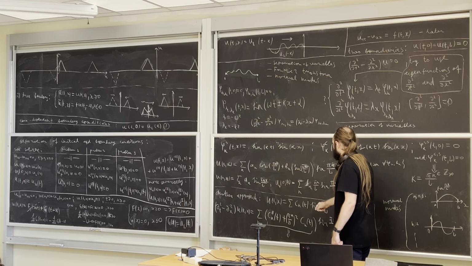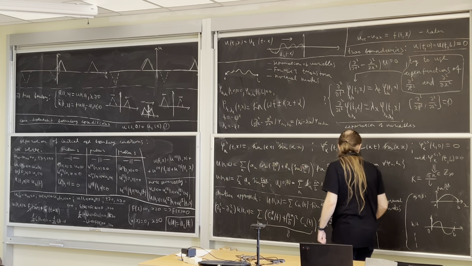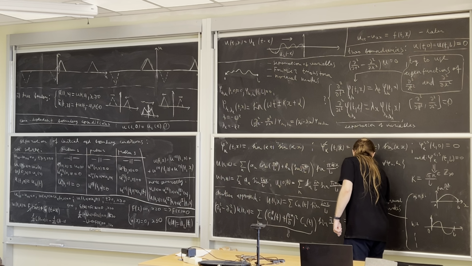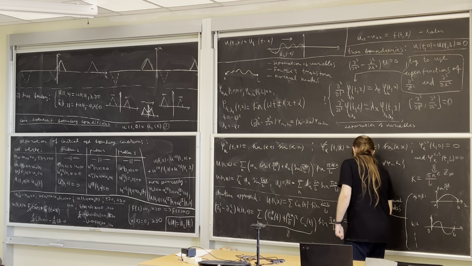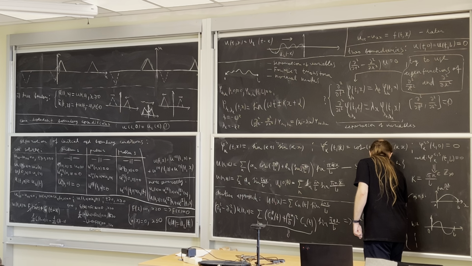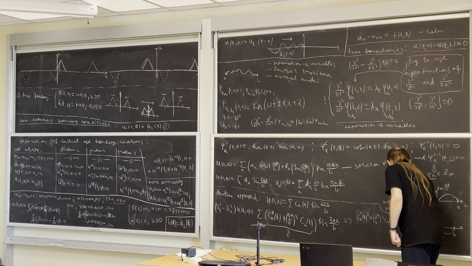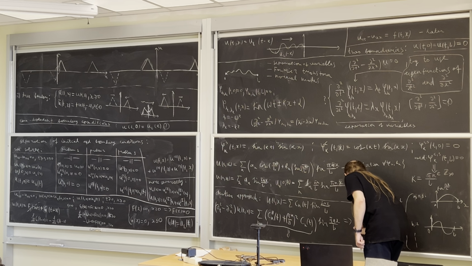So the consequence of this formula is that for any n, Cn prime of t squared plus pi n over L squared Cn of t squared, which is denoted En, has d En in dt equal to 0.